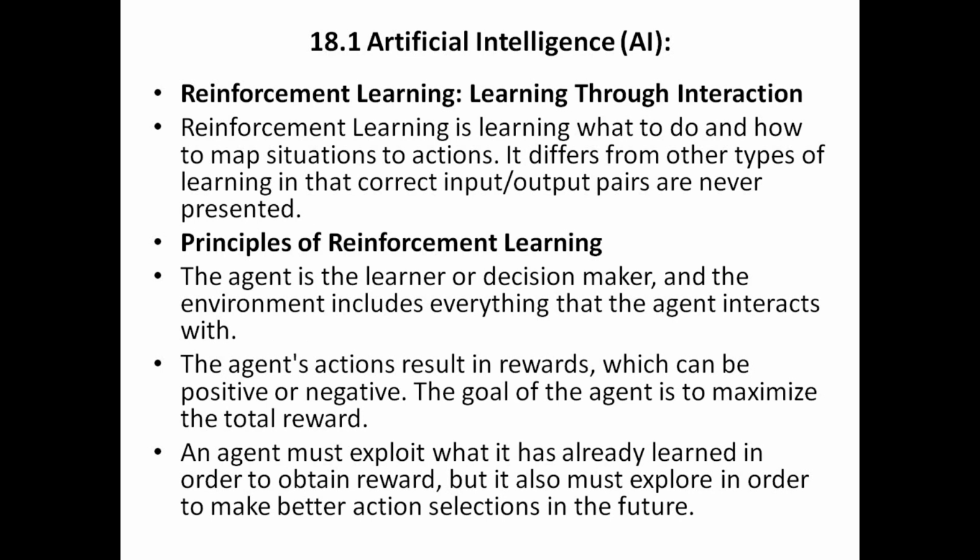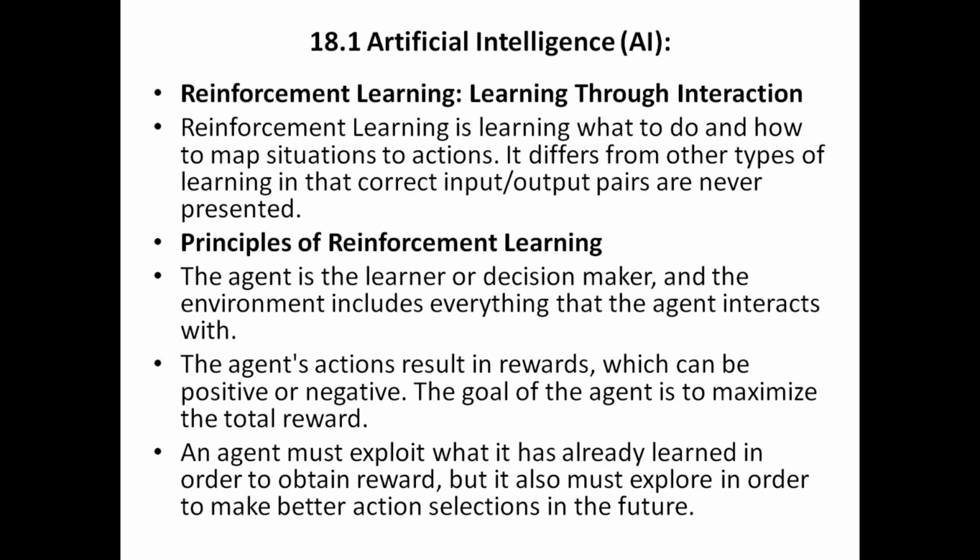Reinforcement learning, learning through interaction. Reinforcement learning is learning what to do and how to map situations to actions. It is different from other types of learning in that correct input or output pairs are never presented. Principles of reinforcement learning: the agent is the learner or the decision maker, and the environment includes everything that it interacts with.